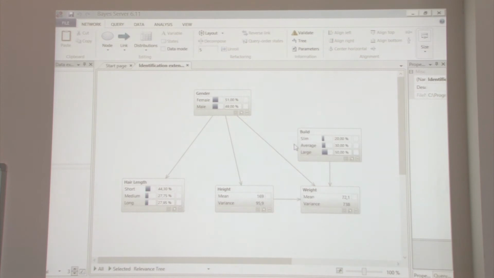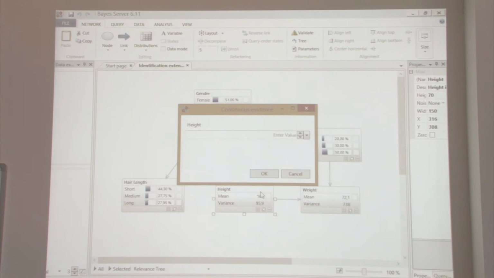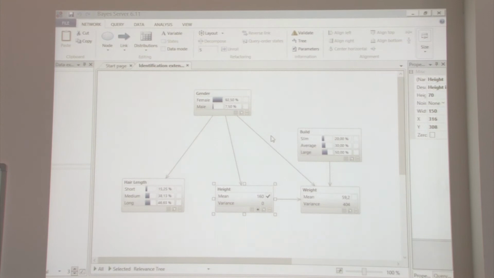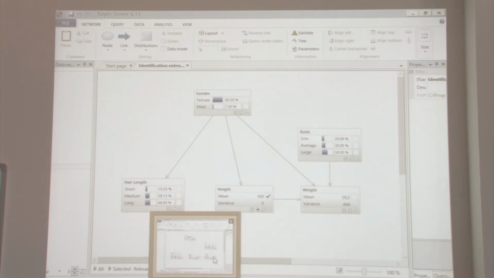So now let's say we want to predict the person's gender based on another variable. Let's say we saw that the person is 160 centimeters tall. So what do we suppose? Well, we suppose that it's a female with a probability of 92% in the model that this Bayesian network represents.